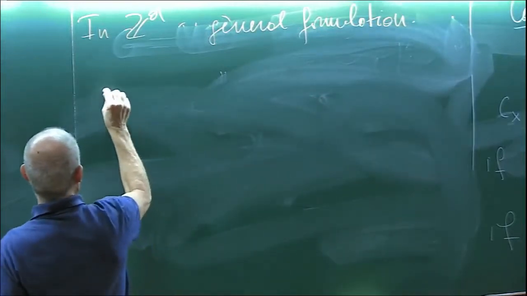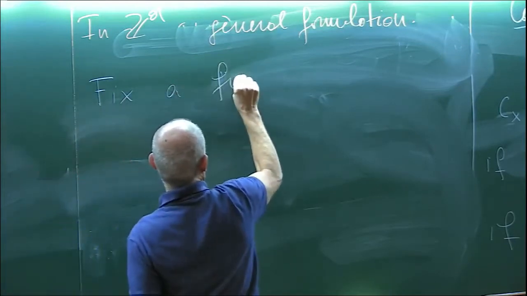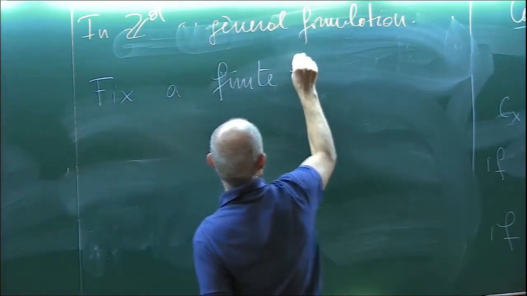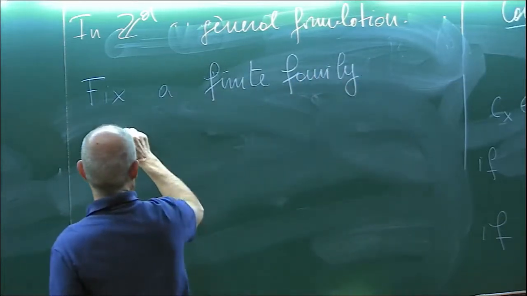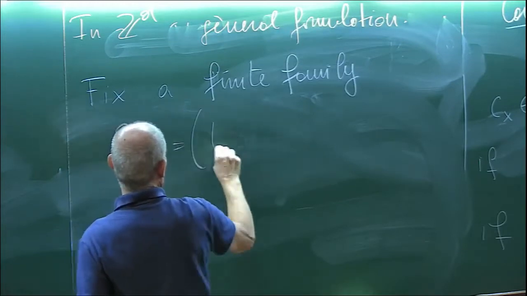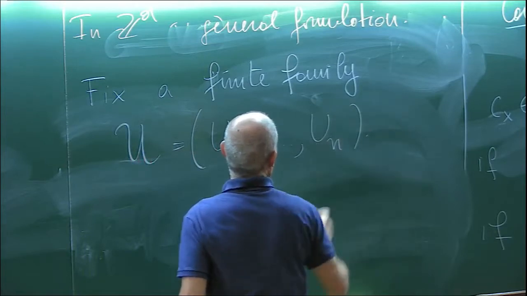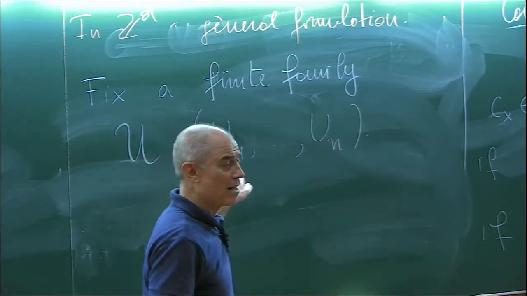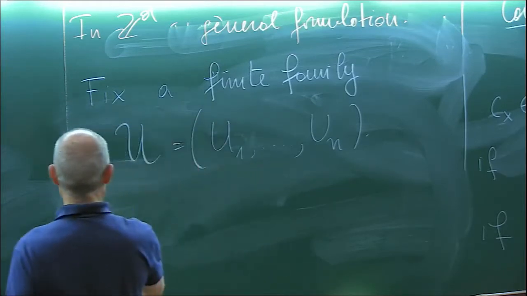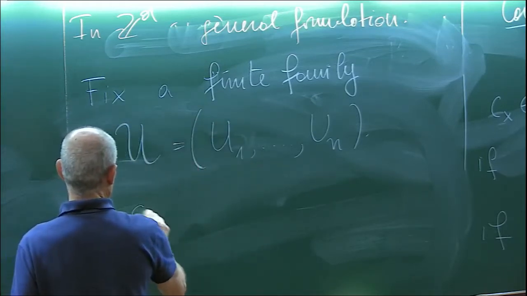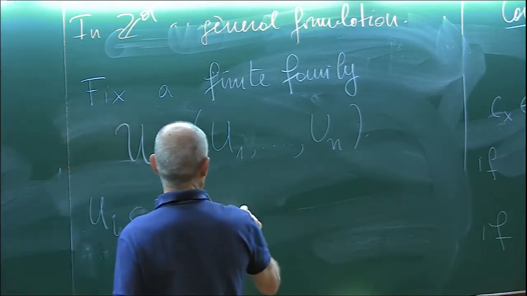Fix a finite family U of subsets of Z^d. So each U_i is a finite subset of Z^d minus the origin.